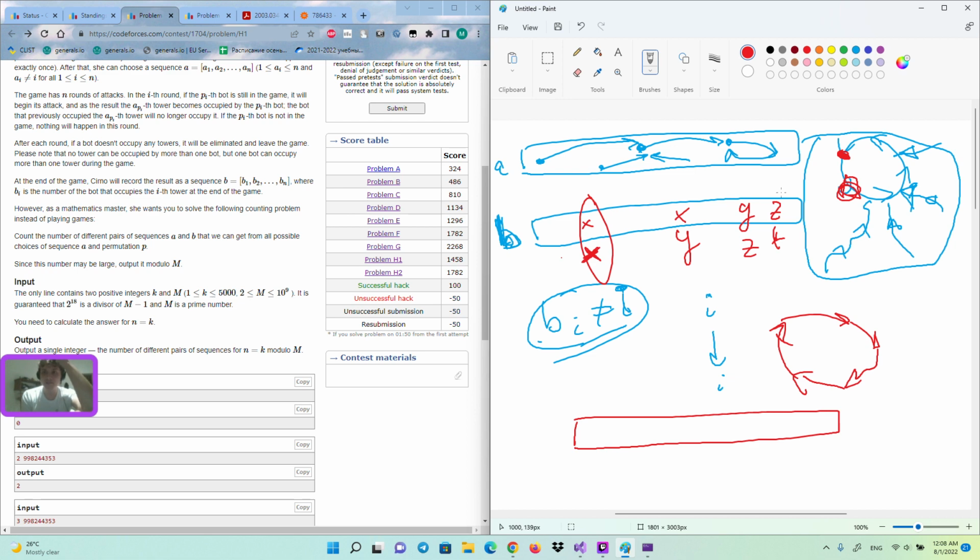What is fixed b? It's like a graph in which some vertices have already chosen their neighbors and some others didn't choose. For example, this vertex didn't choose anything, or this vertex didn't choose anything.